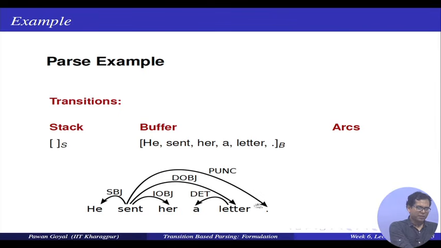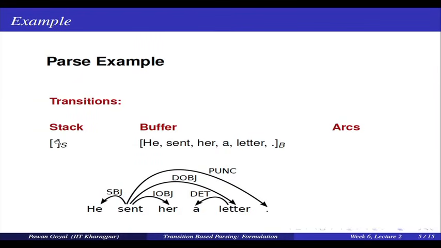Now, how do you convert this sentence to the initial configuration? Stack would be empty, buffer would contain all the words, and args would be empty, and that is your initial configuration. Stack is empty, buffer contains all the words, and args is empty. Now, your task starts. This is the initial configuration. Now, what is the transition that you must be taking here? So this one is relatively easy. I cannot do left arc.